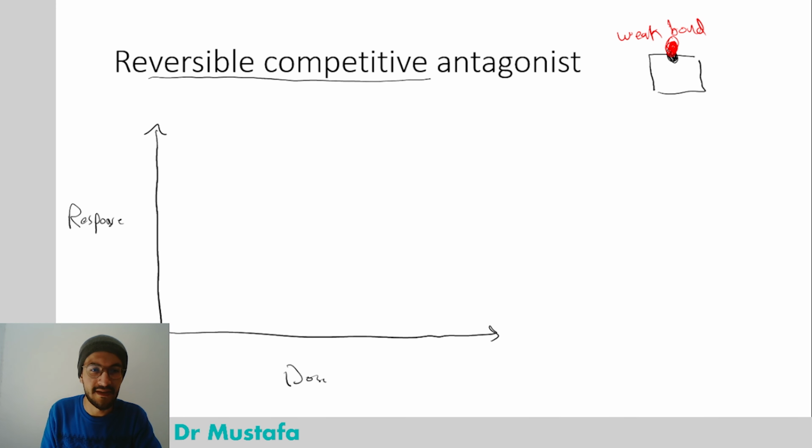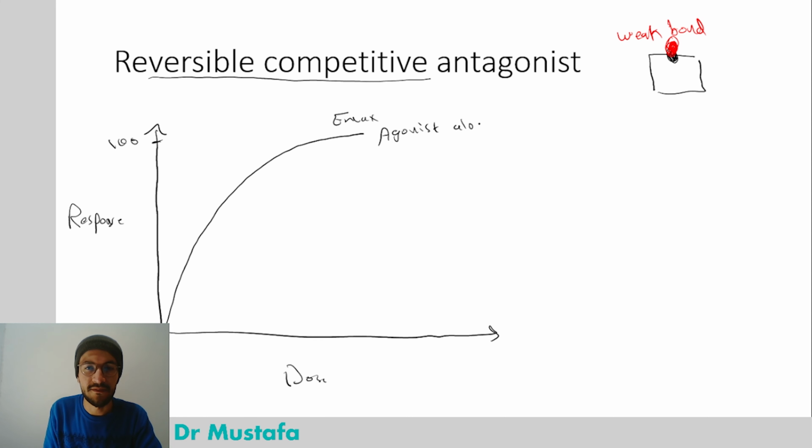We start with 0 when we give 0 dose, but when we increase the dose, we start getting response until we reach the maximum response, which is the Emax. So here is the 100 response, which is the Emax, and it is for the agonist alone.